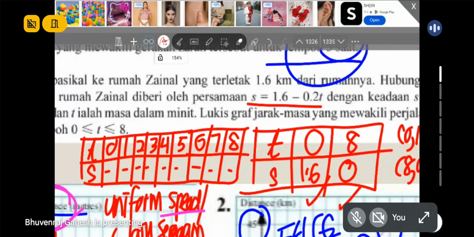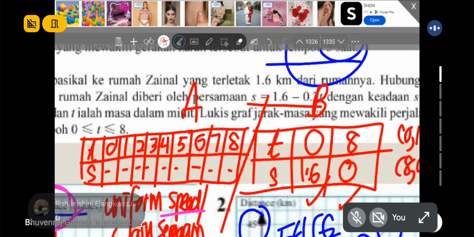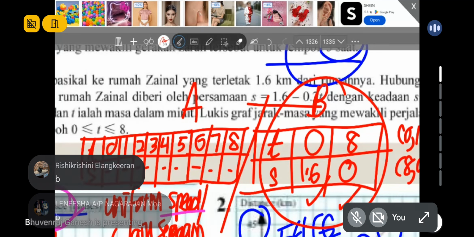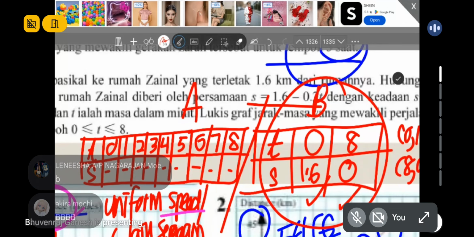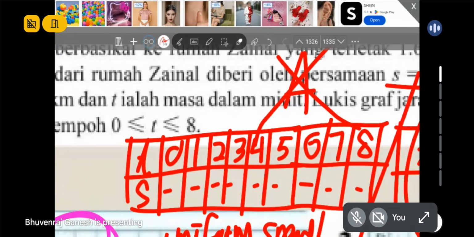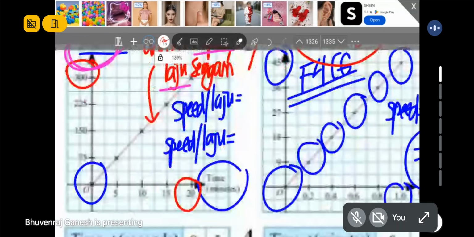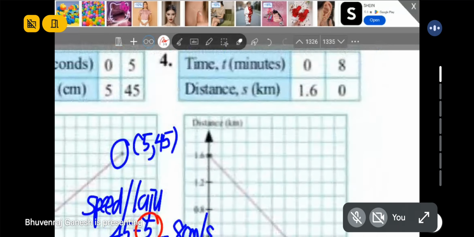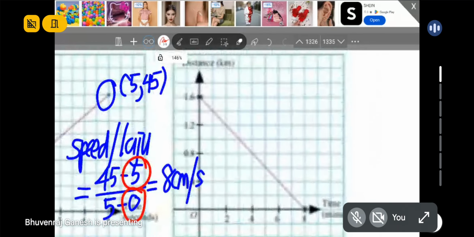Which table is simpler? Mana yang nampak lebih senang? A or B? Common sense guys. Of course B lah. Yang ni paling senang kan? So you guys draw the B one. No need to do the A one, wasting time. No need to do every single value 0 until 8. So you guys can see here, direct, you can get this graph.